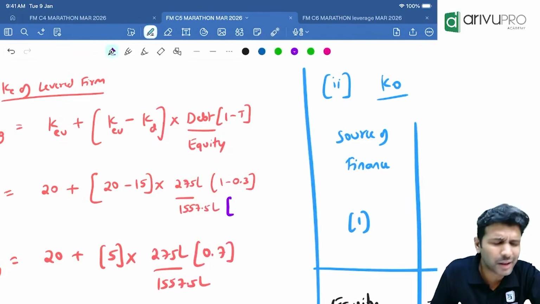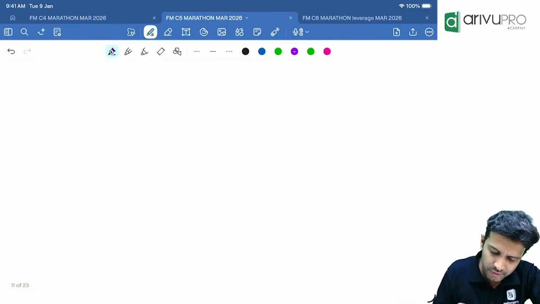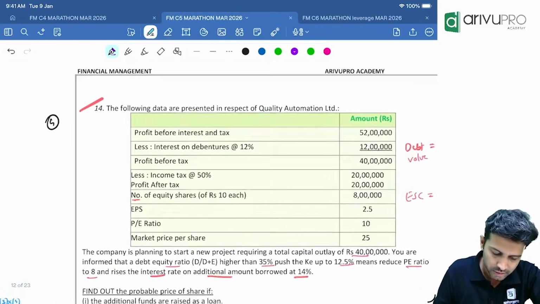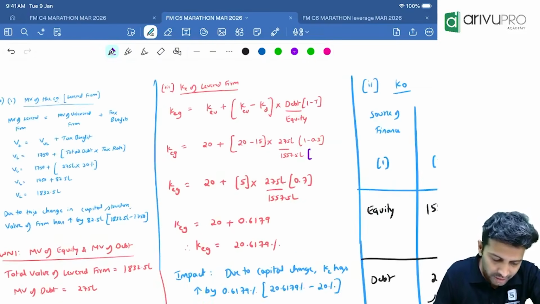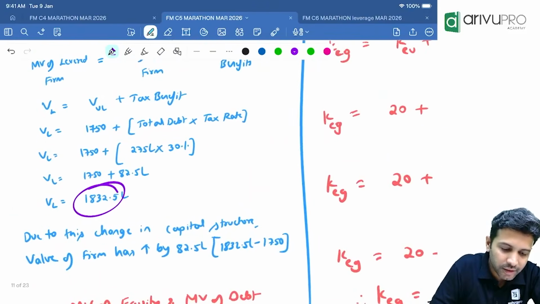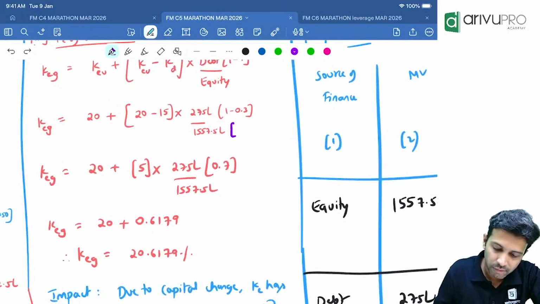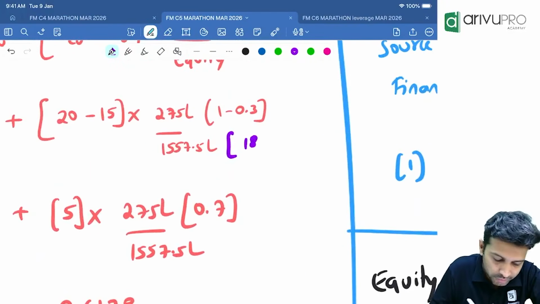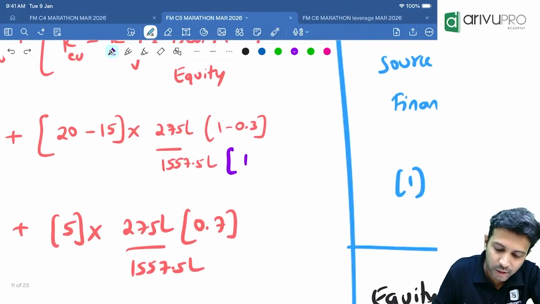What is the market value of the company? Just now we got it. One minute. The market value of the company now is 1832.5. Sir, second equation. Tell me that second equation.